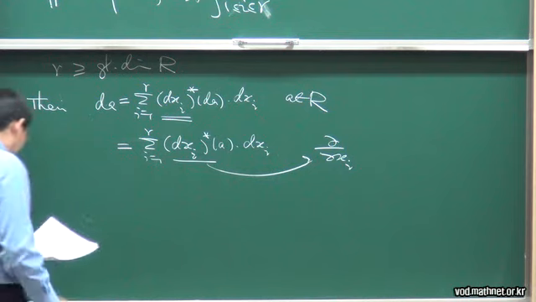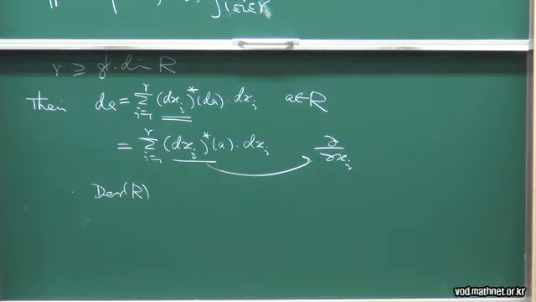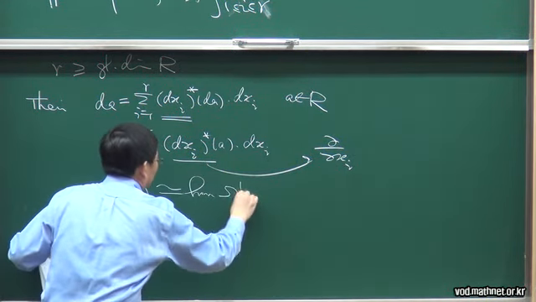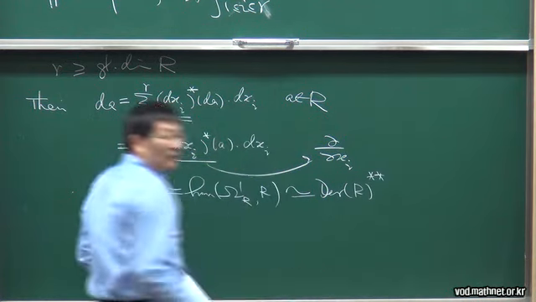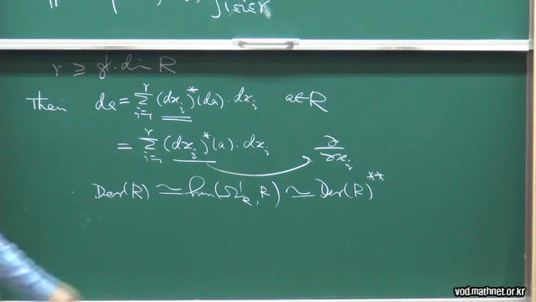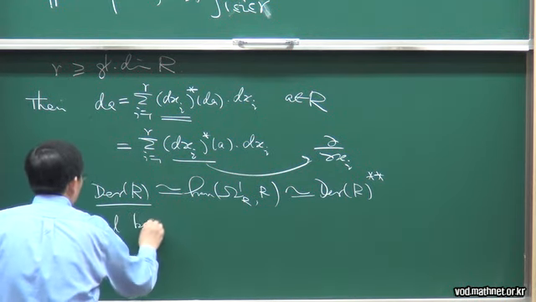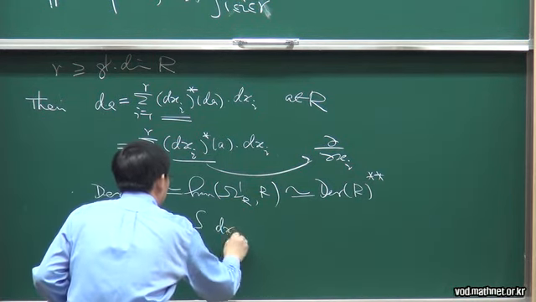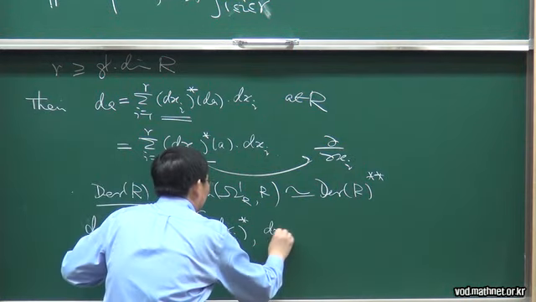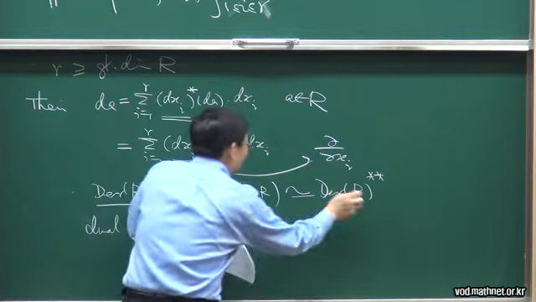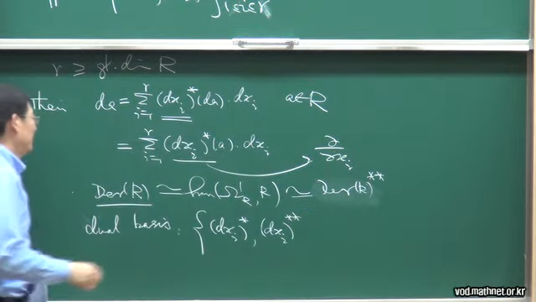And by the dual basis lemma, we see the derivations from R to R is the dual module of this one. And this is the double dual of this one. So we can find the dual basis over this module. And the dual, we write this way. Then there's a dual basis here. dx_i star is a derivation. And by taking the evaluation map of dx_i here, this is the evaluation map.